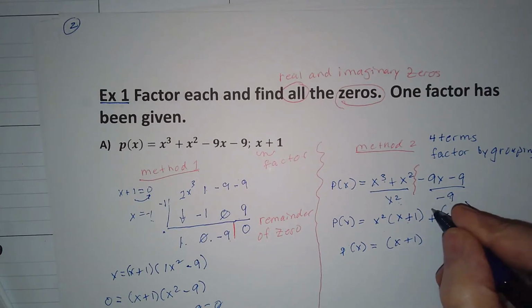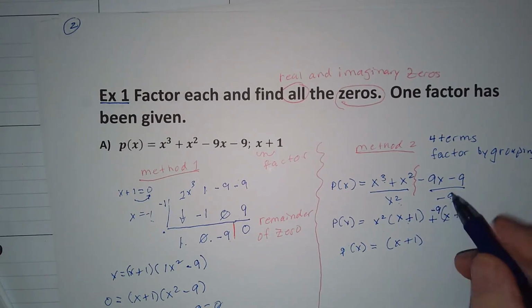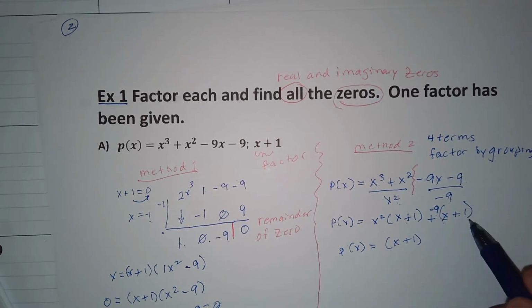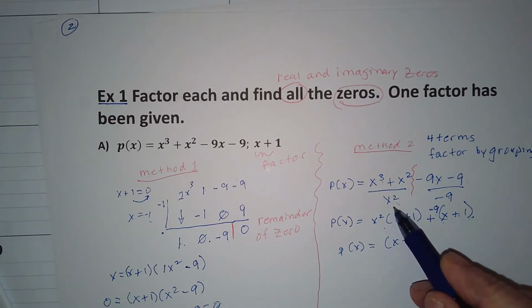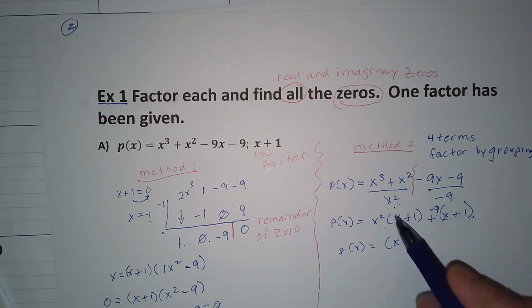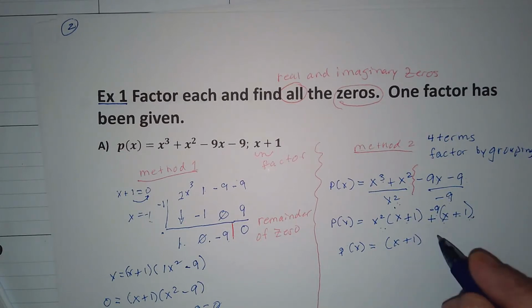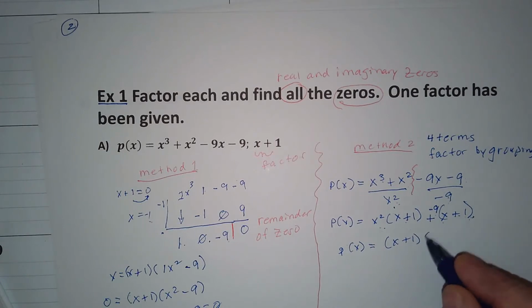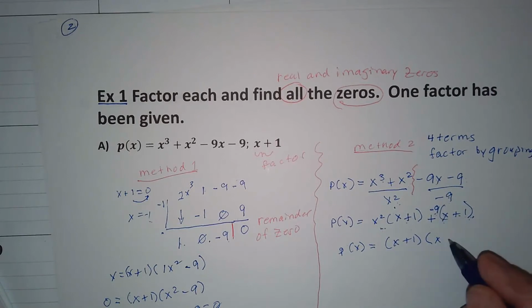So the negative 9 goes right here, right? Because the negative 9 was divided out of negative 9x minus 9, you get negative 9 times x plus 1. Just like when we divided out the x squared from x cubed plus x squared, we got x squared times x plus 1. So x plus 1 is our first term, and then our second term is going to be x squared minus 9. Okay?